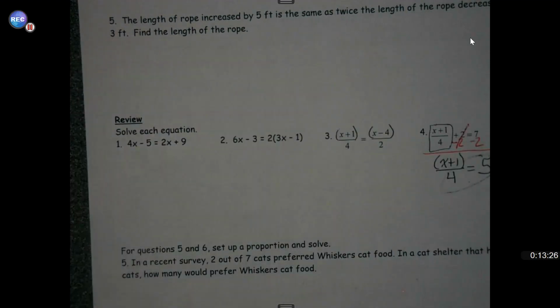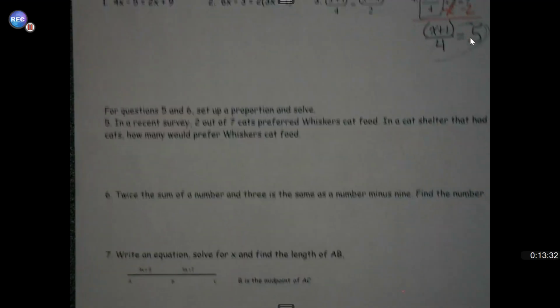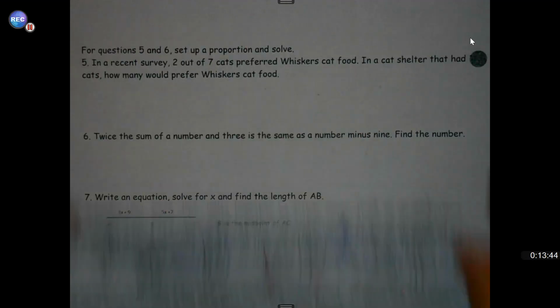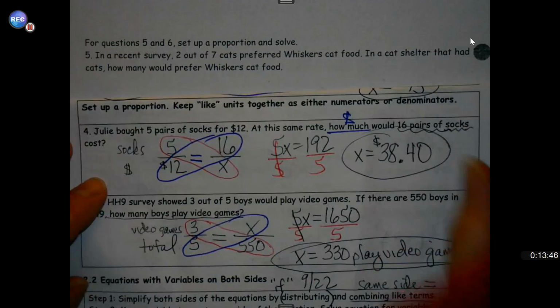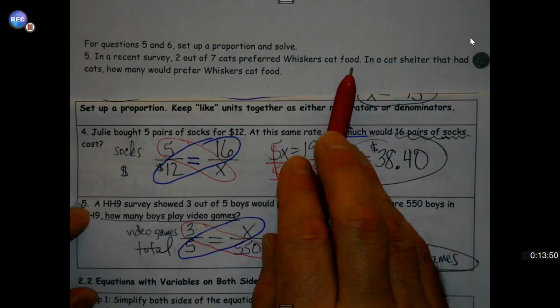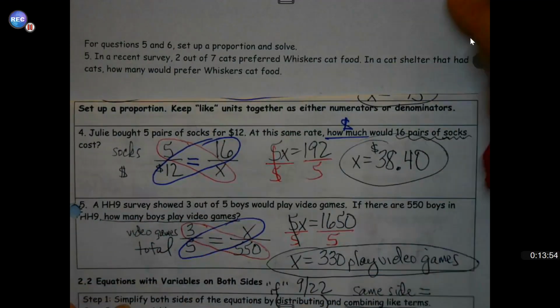I mean, even if I was doing, let's say I was setting up number 5, like, Hardy, you are random today. I'm not random. I'm just trying to show that if I look at things, in a recent survey, 2 out of 7 cats preferred Whisker's cat food. In a survey, showed 3 out of 5 boys would play video games.